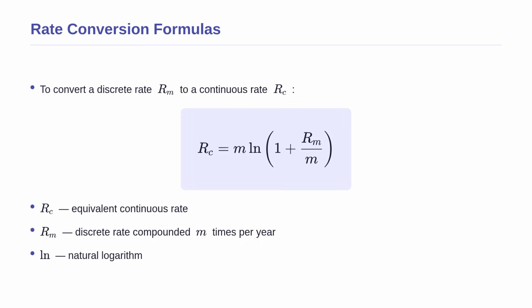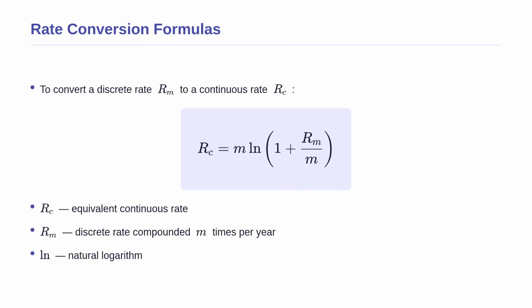To solve this translation problem, we use a specific conversion formula. This formula allows us to convert a discretely compounded rate, R sub m, into a continuously compounded rate, R sub c. The formula states that R sub c equals m multiplied by the natural logarithm of 1 plus R sub m over m.